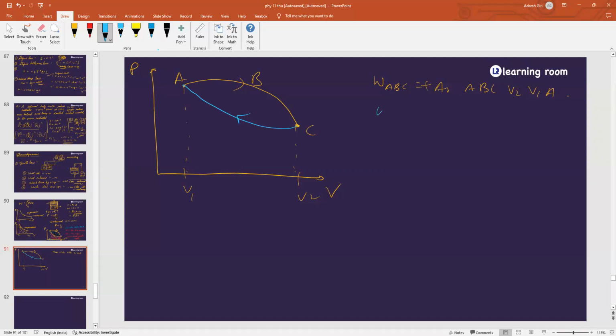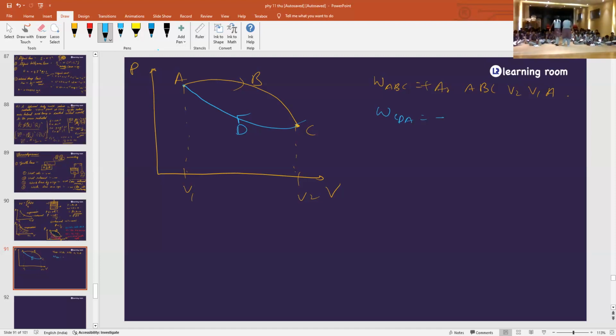Now this work done, the compression work done, is negative. Let us mark it as D. So C, D, A. Work done ABC, how are we deriving it, sir? See, work done is the area under the curve and the x-axis.